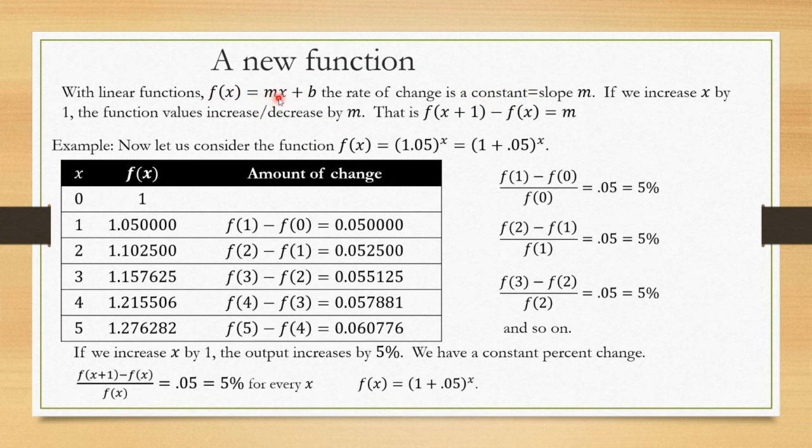So no matter what x is for a linear function, if you increase x by 1 unit, the output will change by m units. The change in output will equal that slope.